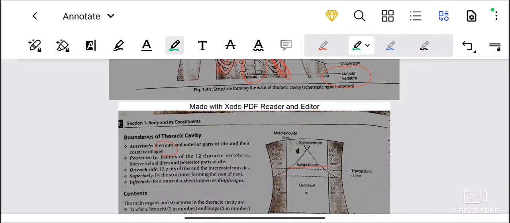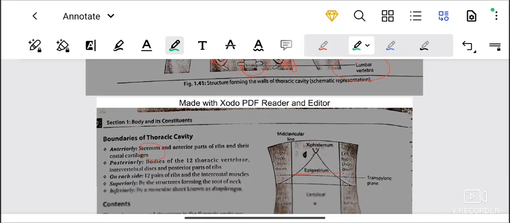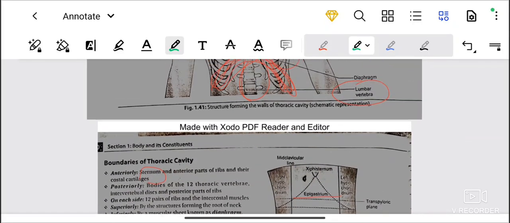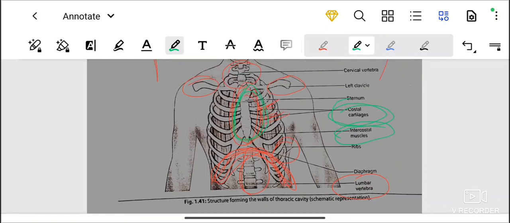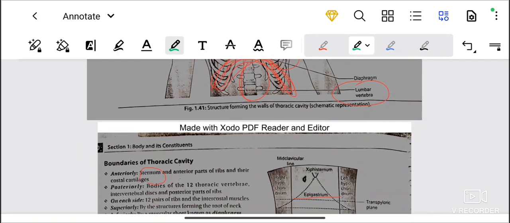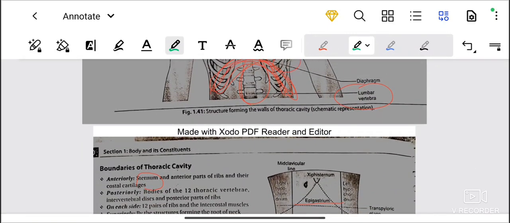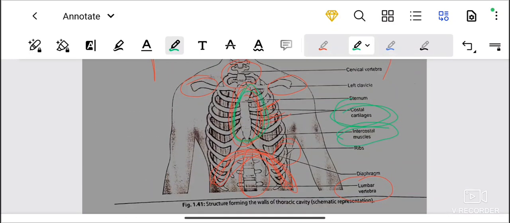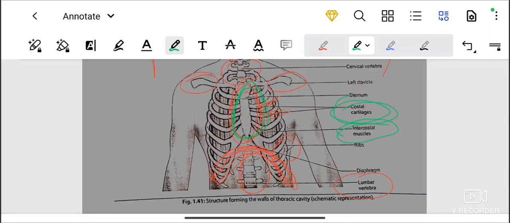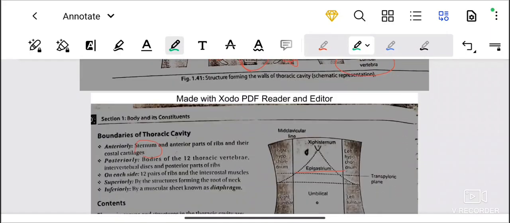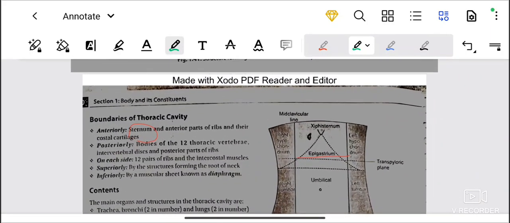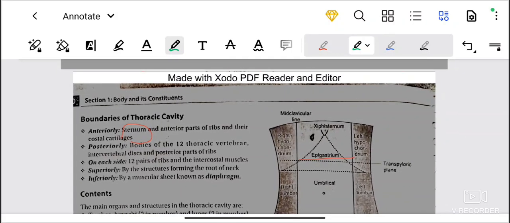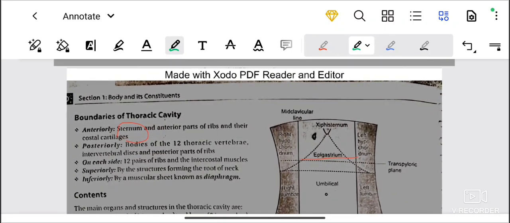Posteriorly are the bodies of the 12 thoracic vertebrae, T1 to T12, with the intervertebral discs and the posterior parts of the ribs. The thoracic vertebrae are present at the back of the lungs, and wherever vertebrae are present, intervertebral discs are also present.